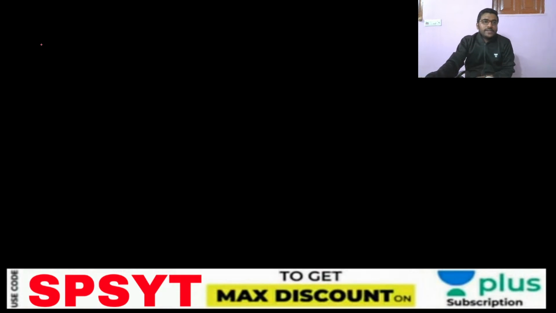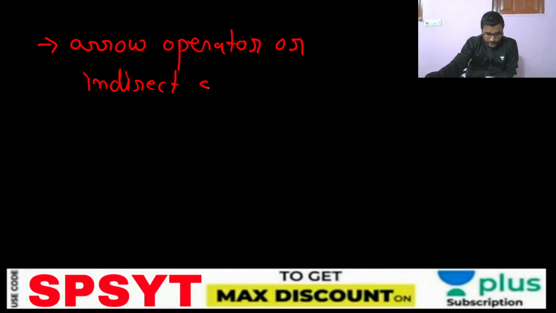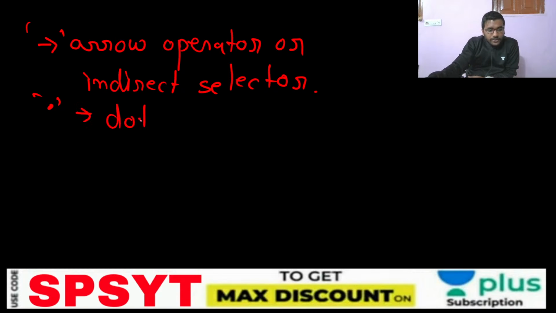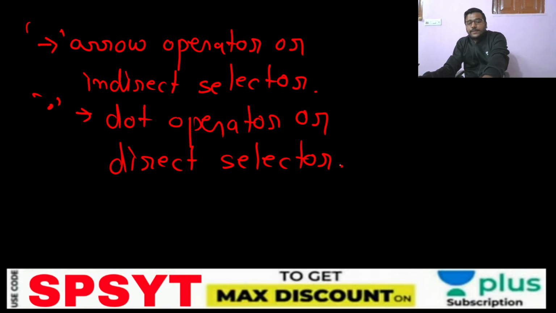When I teach you structures, you will get the arrow operator, the indirect selector, and the dot operator, the direct selector.